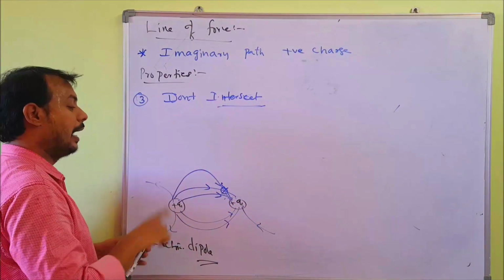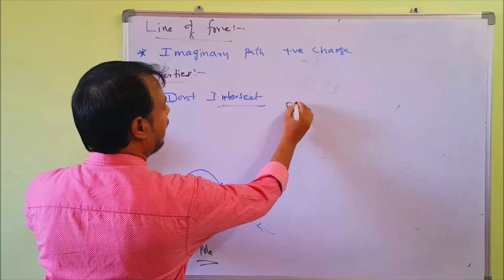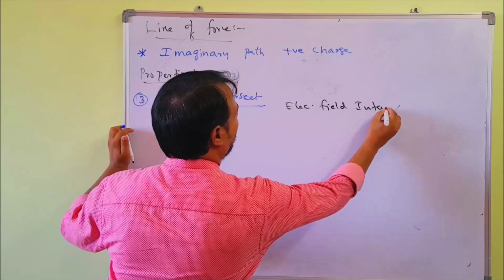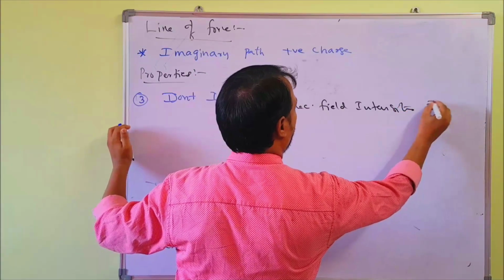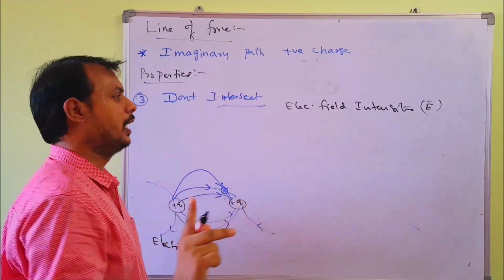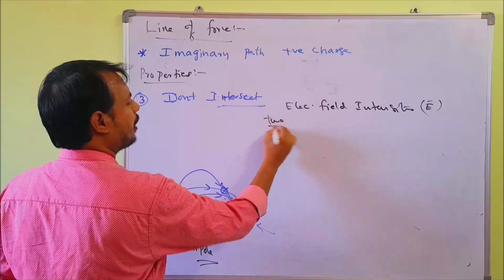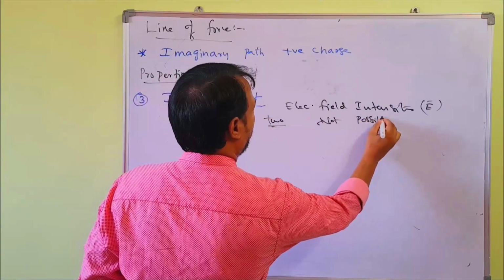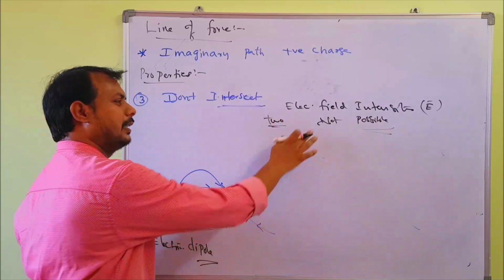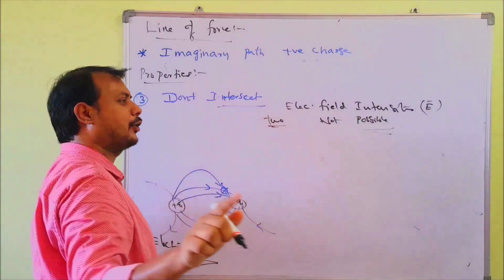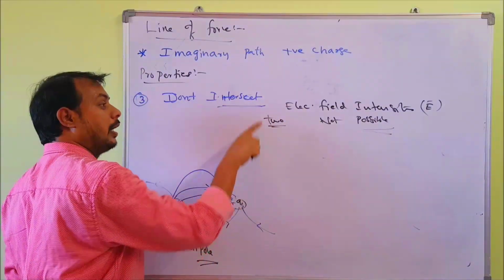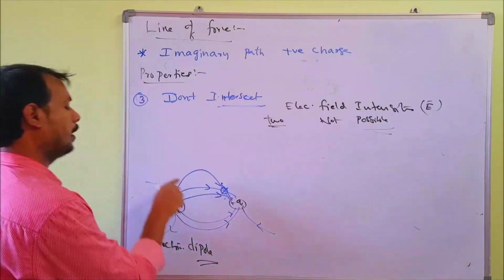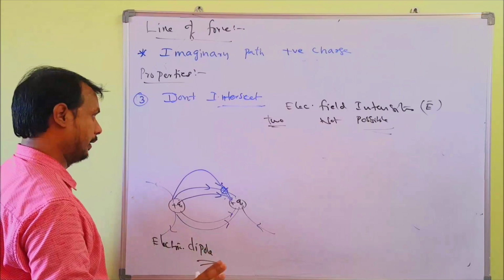At that point, the electric field intensity E bar has two directions, which is not possible, because electric field intensity is a vector having only one direction. So the lines of force do not intersect.